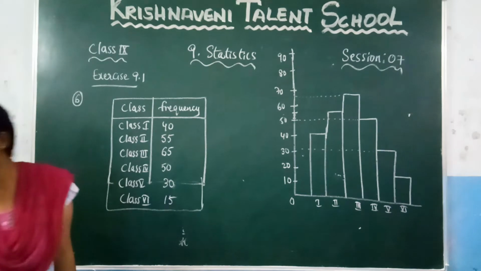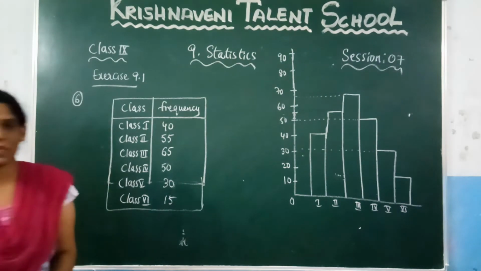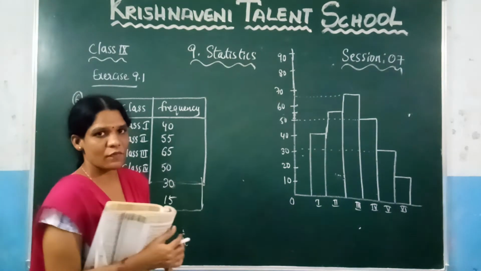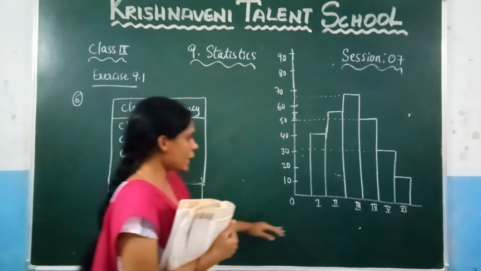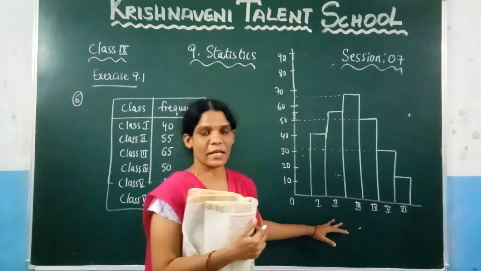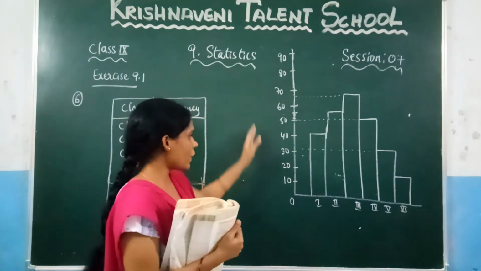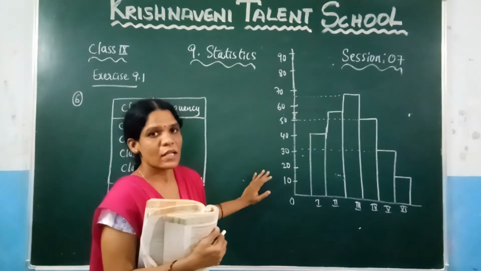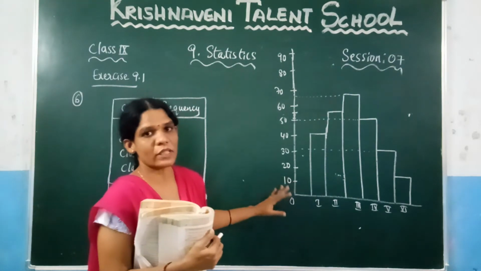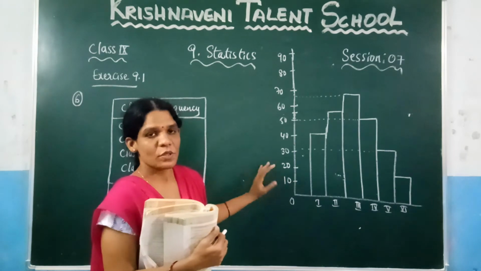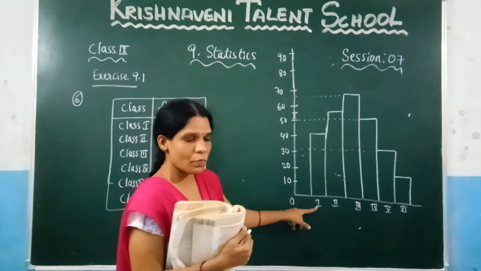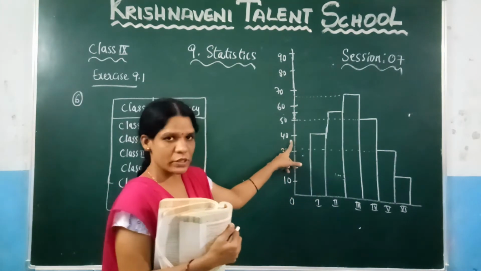So this is the information they have given in the form of the graph. Let us see again what they have given. On the x-axis they have given the class. On the y-axis they have given the number of students. You need to write this in the form of a table. In class 1, 40 students are there.